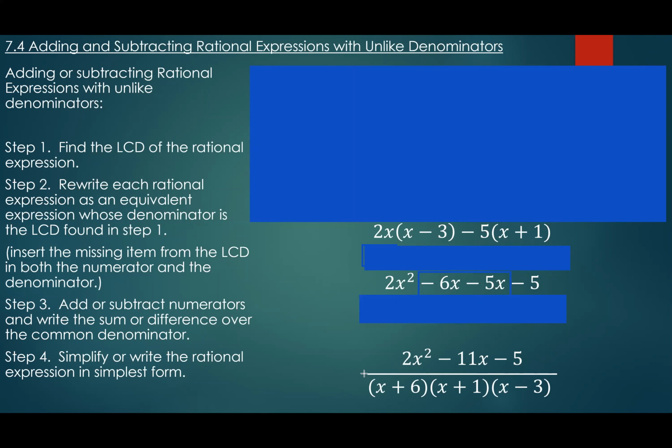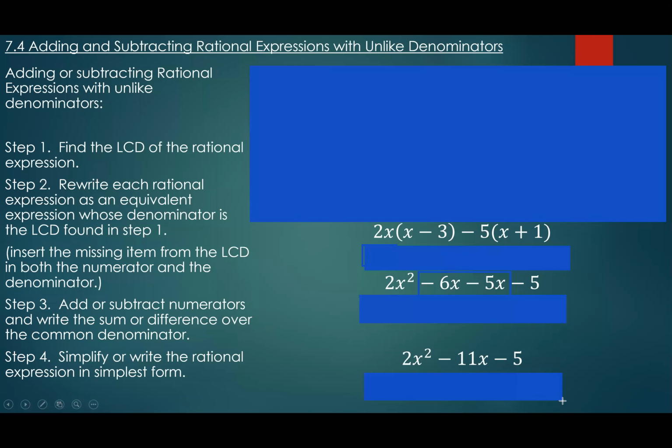Again, let me block the denominator. And looking at this item here, we cannot factor it out. I know you want to try to factor it out, but you cannot, because 2 times 5 will give you negative 10, and there's no pair of numbers multiplied to give you negative 10 but subtract to give you 11.